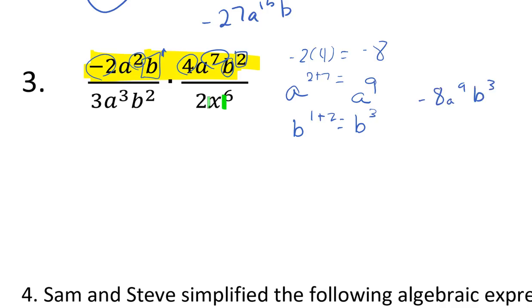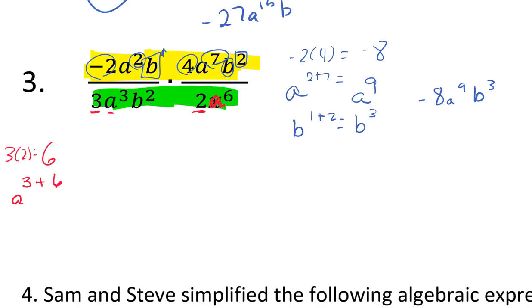Now let's look at the bottom. We're going to take 3 times 2, which is 6. Then we're going to take a, which is 3, and then, oh, that should have been an a there as well, sorry, plus 6. Is it okay? Yeah, it's fine.